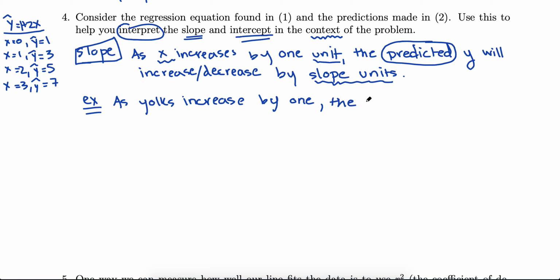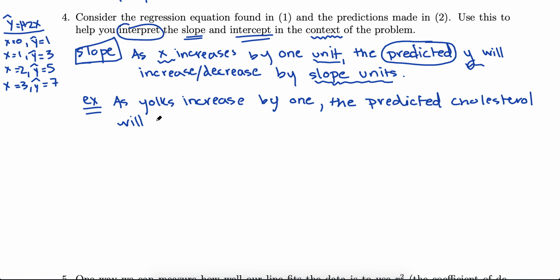The predicted, and in this case y is our amount of cholesterol. So the predicted cholesterol will, think about carefully, we're going to choose increase or decrease. Hopefully you're thinking increase because our slope is positive.